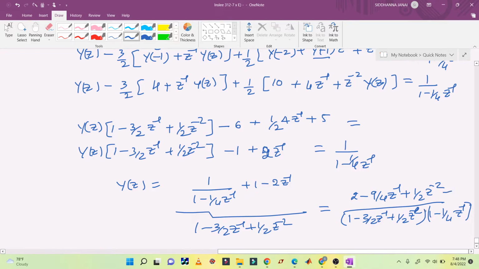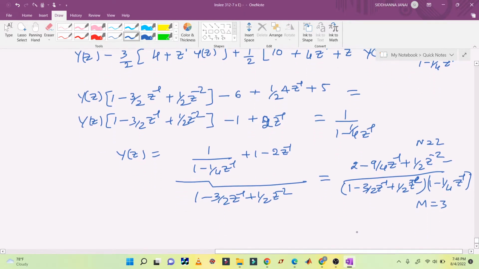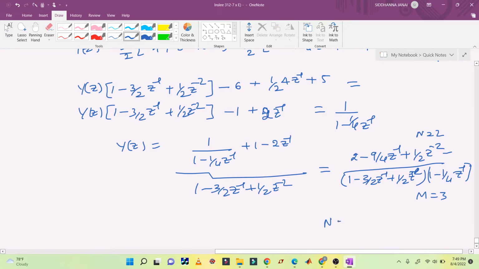Okay, only this part. So you can clearly see here how many zeros are there, z inverse and z inverse to the power minus 2. So n is equal to 2, number of zeros. M is equal to here 1, 2 and 3. There are 3 poles. So obviously n is equal to 2, m is equal to 3, n is lesser than m.